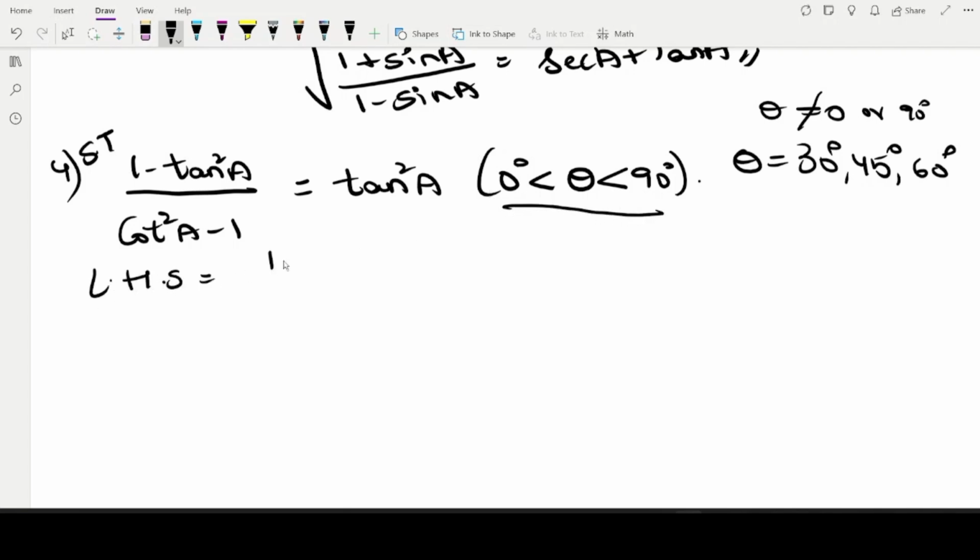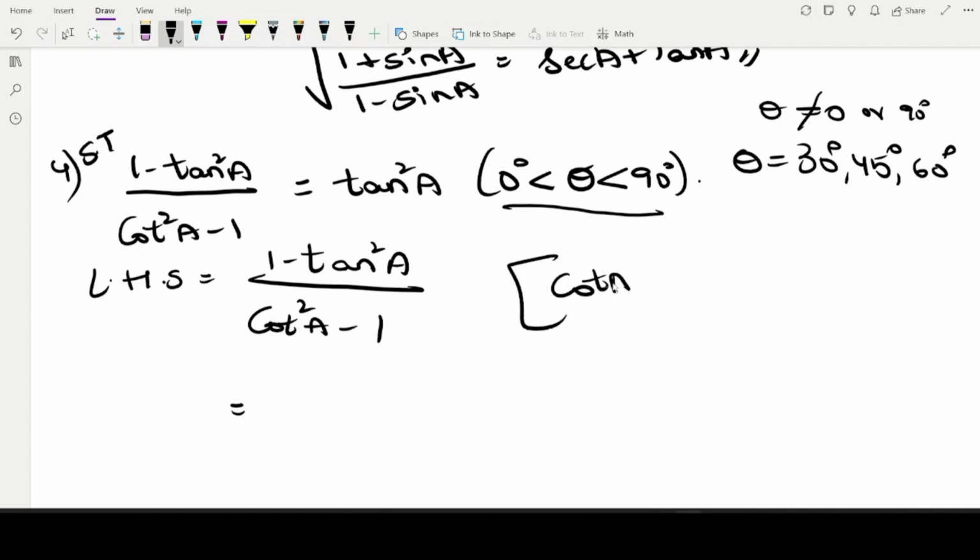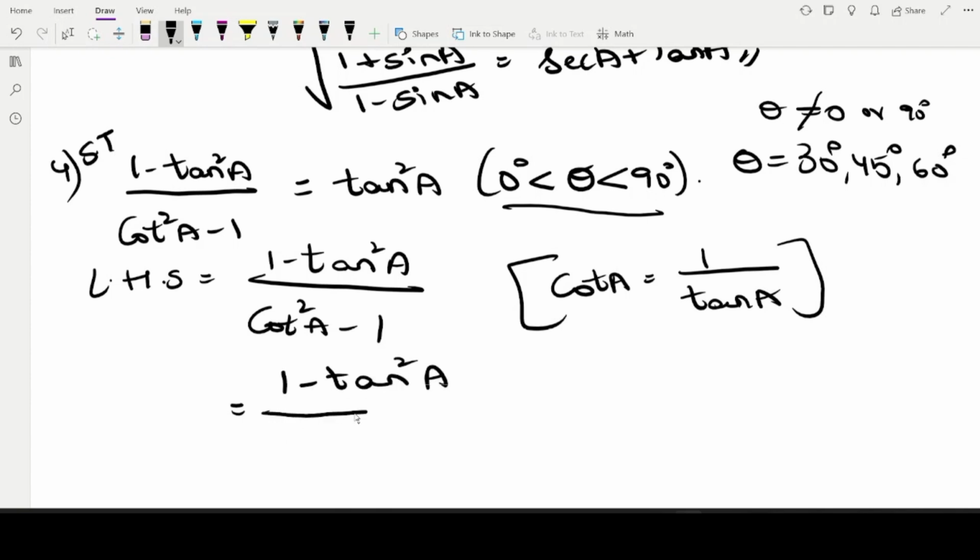LHS: 1 minus tan square A divided by cot square A minus 1. So we know that cot A equals 1 by tan A. So we can write it as 1 minus tan square A divided by, we can write cot square as 1 by tan square A, 1 by tan square A minus 1.